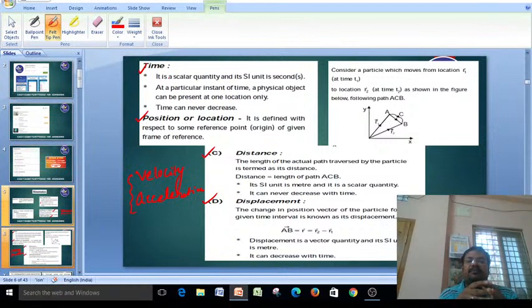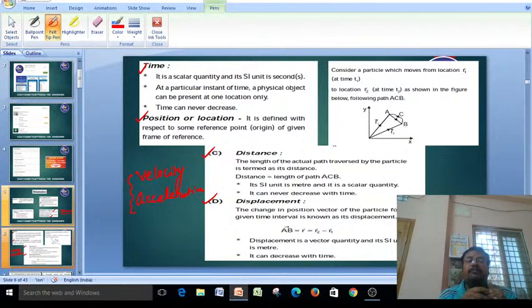Second point: at a particular instant of time, a physical object can be present at only one location. Time can never decrease, so it cannot be represented in negative format.